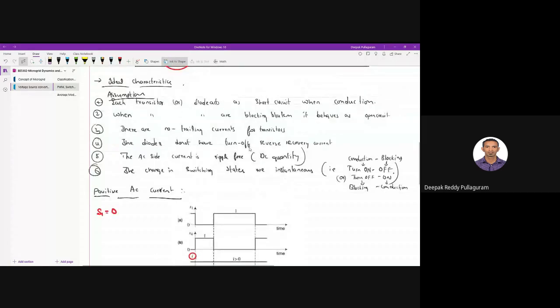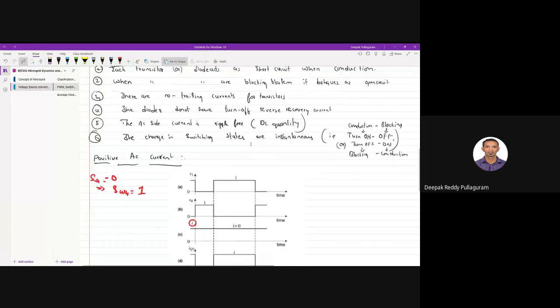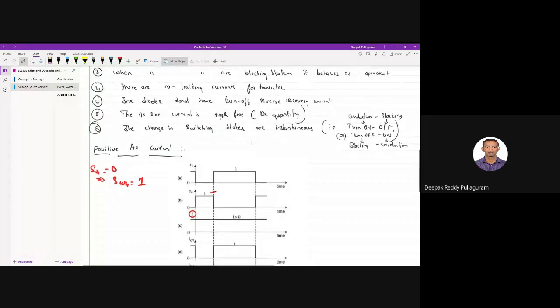Under that condition, what should S4 be? SW4 should be 1.